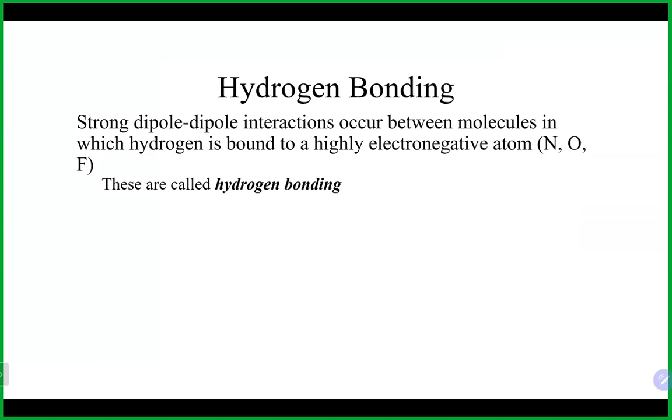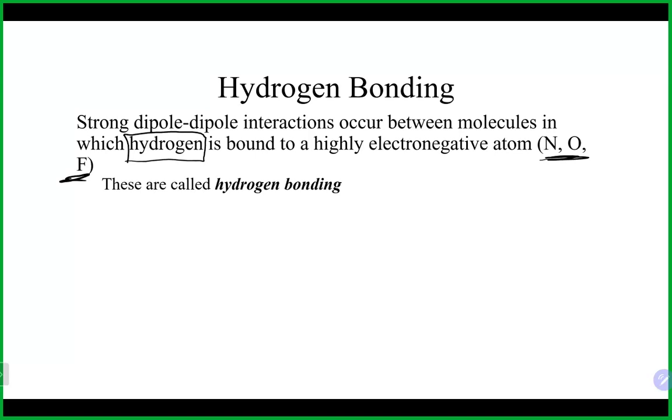Hydrogen bonding is actually a type of dipole-dipole interaction, but it is usually classified by itself. And it is, as the name implies, a bond between hydrogen and some other electronegative atom. In order for something to have the ability to hydrogen bond, you have to have hydrogen there, and that hydrogen has to be directly attached to one of those three elements: nitrogen, oxygen, or fluorine.